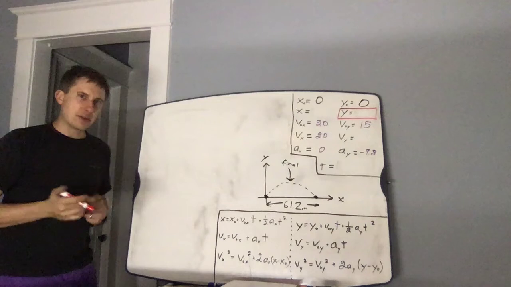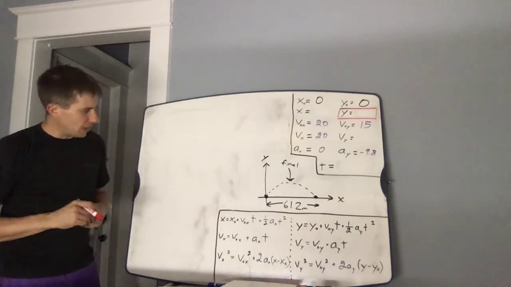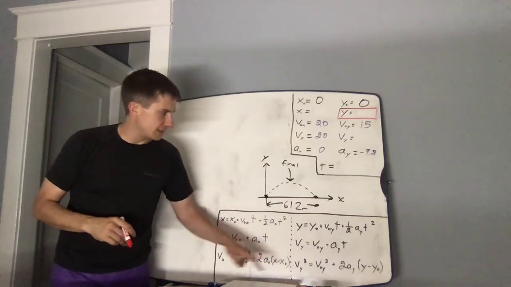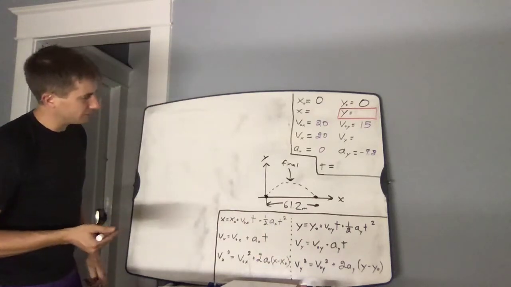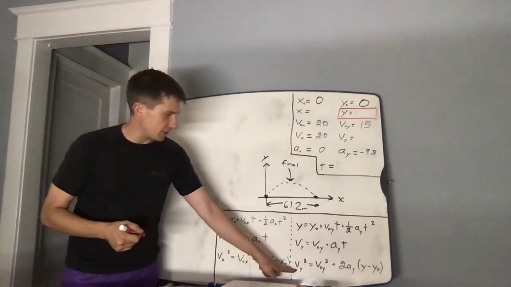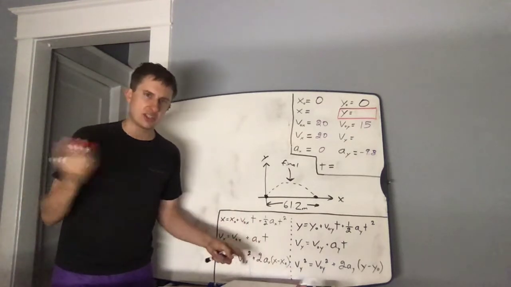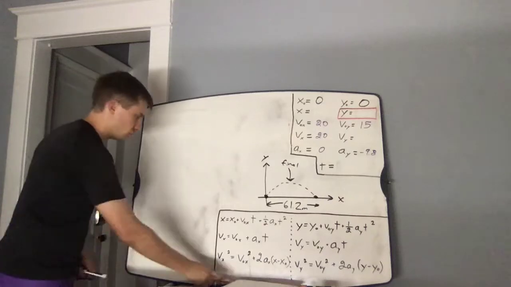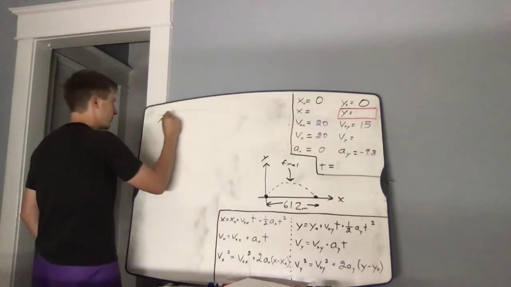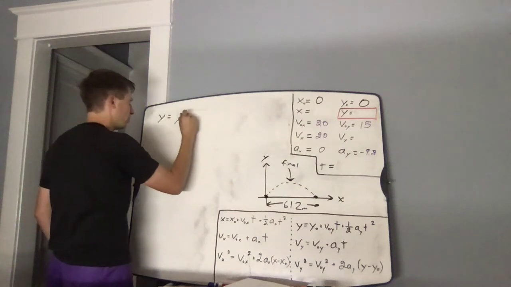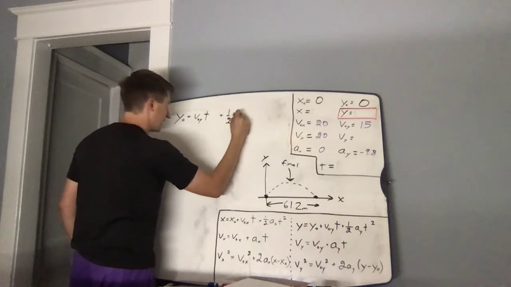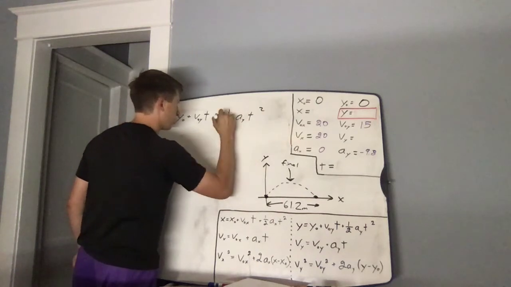So how could I think about that? Well, I look at the equations for y final, and I could ask, well, this equation has a y final in it. That equation has a y final in it. So let's look at these two equations individually. y final is equal to y initial plus v initial y t plus 1/2 a y t squared.